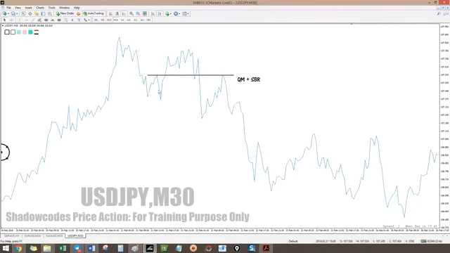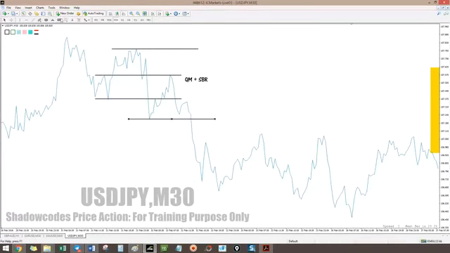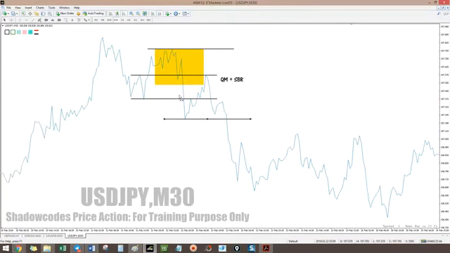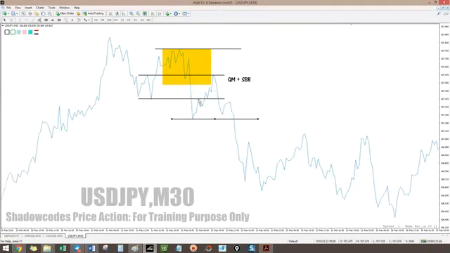You see a QM, high, low, high, high, low, low. And you see an SBR. Just make sure you don't lose this trade. You can take your SL here, take profit 1, take profit 2, and you can take profit using market phase.